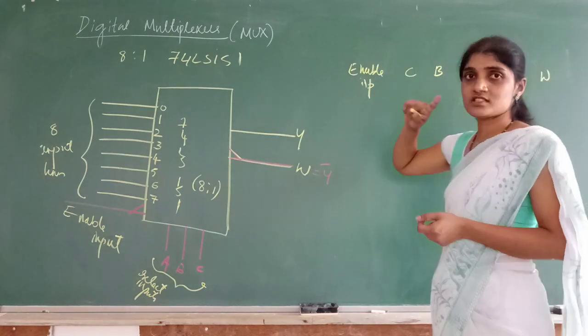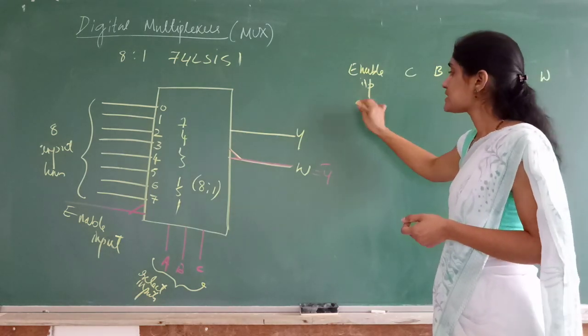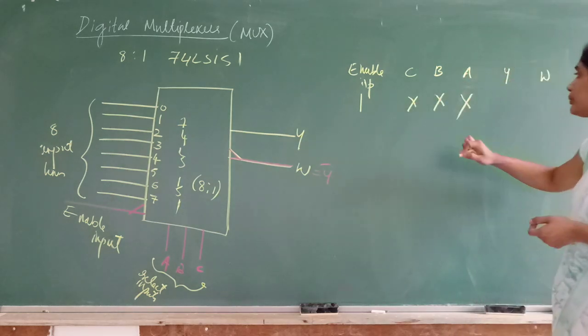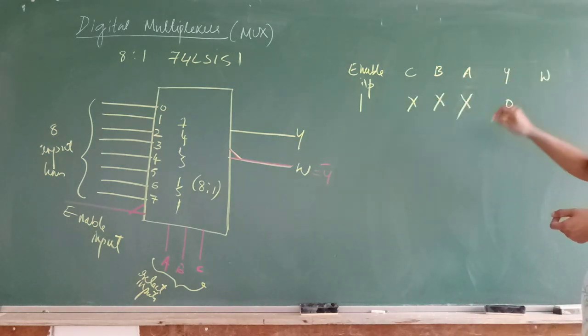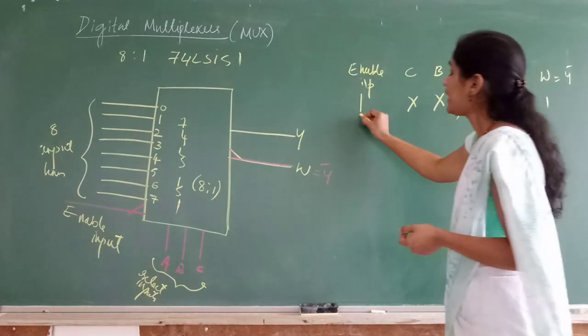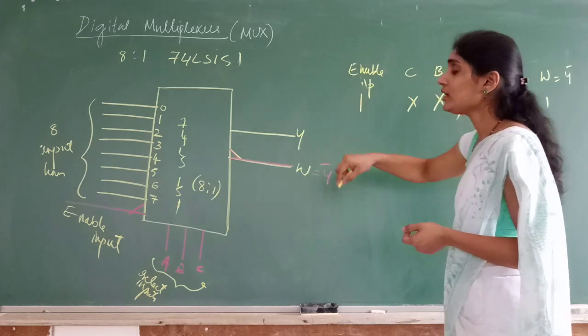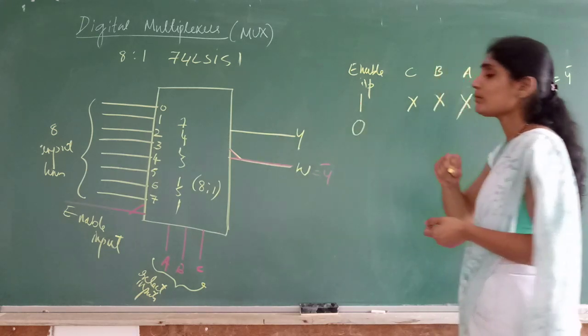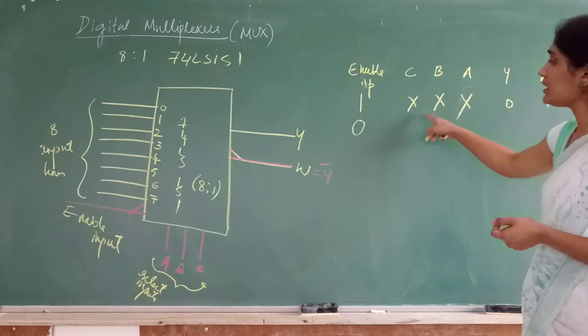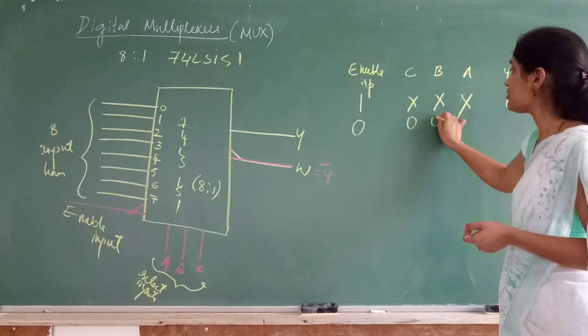Now, what is our first case? If enable input is 1, whatever you give, no output, Y is 0. If Y is 0, what is W? W will be 1 because W is just the complement of Y, that's all. And if I have to select 1 out of 8 input lines, I have to give the enable input as 0. So now your output depends on the input. Select inputs 0, 0, 0.